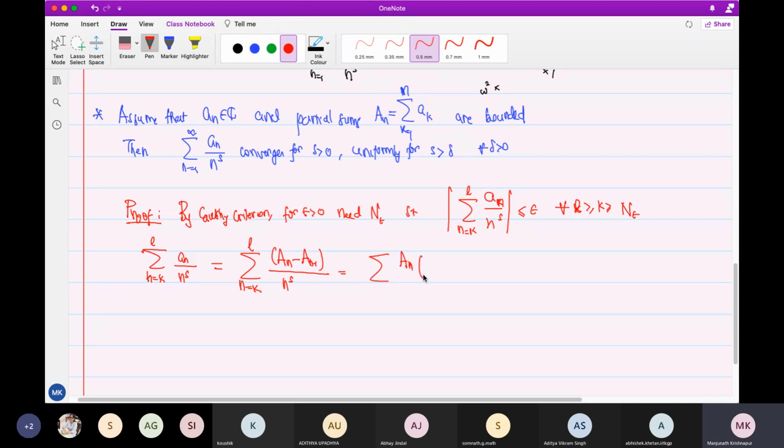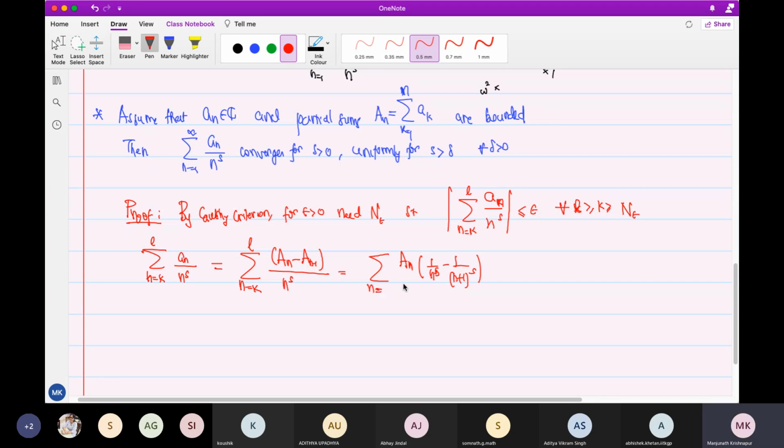An comes with 1 by n to the s minus 1 by n plus 1 to the s. I will worry about the boundary terms in a moment, but for n not at the edge, it will come with 1 by n to the s, and it will also come with 1 by n plus 1 to the s, but with a negative sign. So this is what we get.